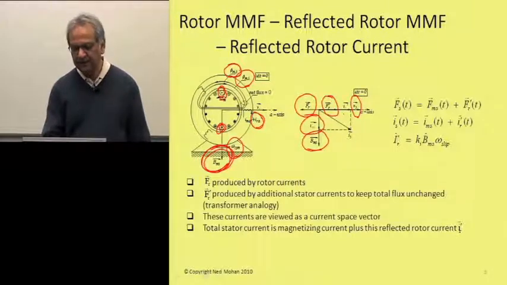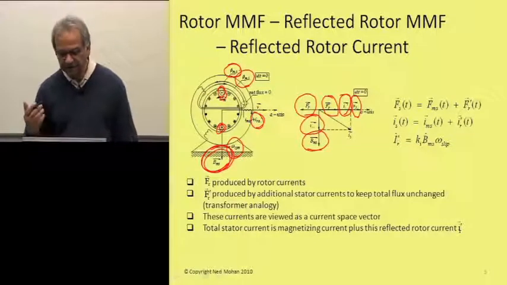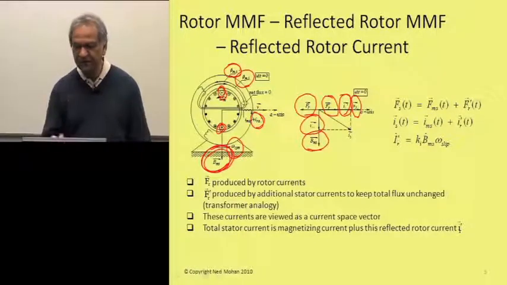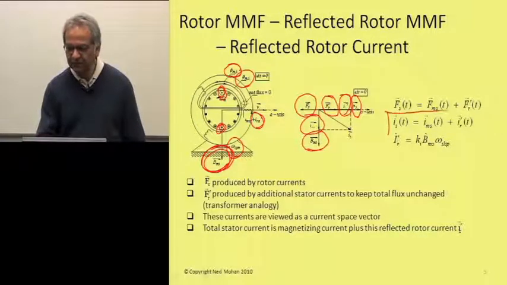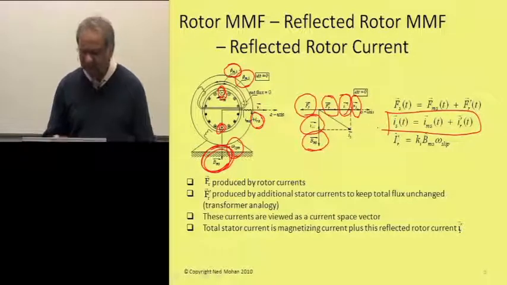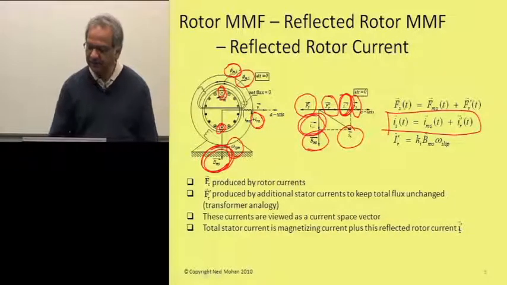These are the currents additional to the magnetizing currents, and let's call them Ir prime. So the total current drawn from the stator phases can be represented by the space vector which is the vector sum of Ir prime and Ims, this vector over here.